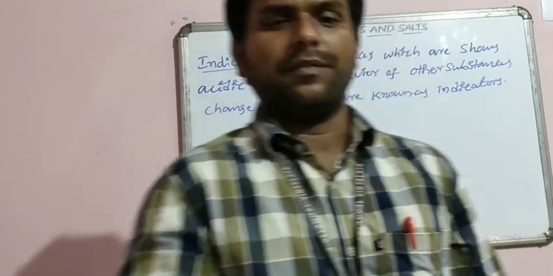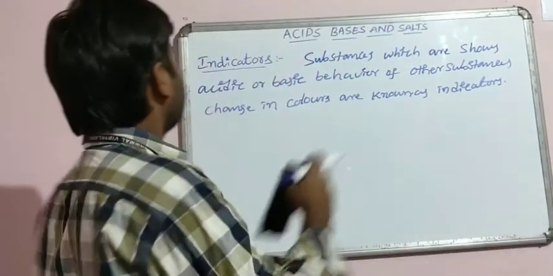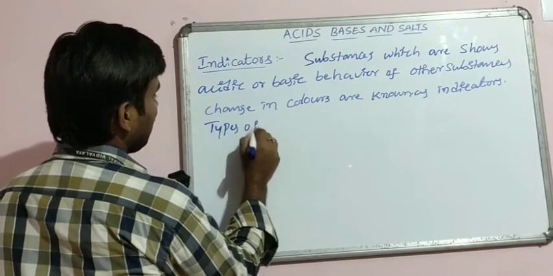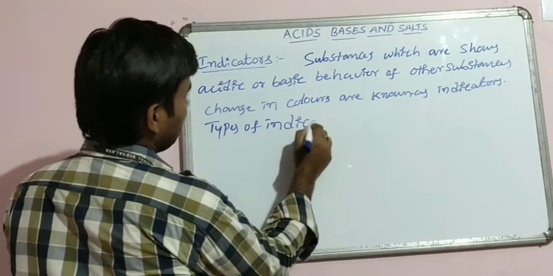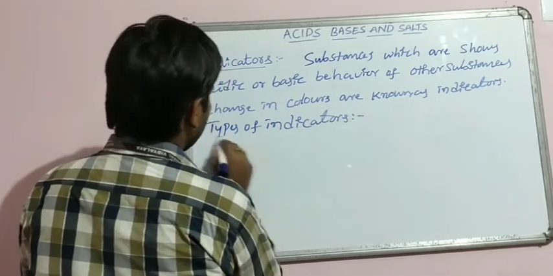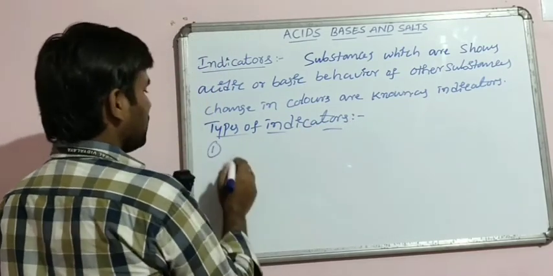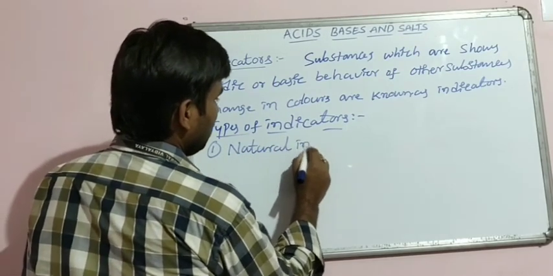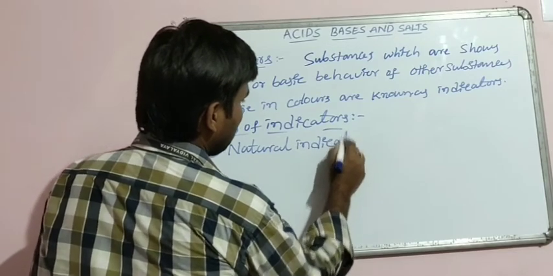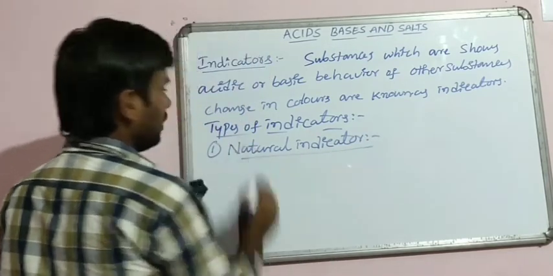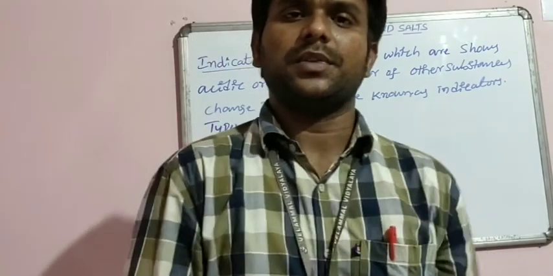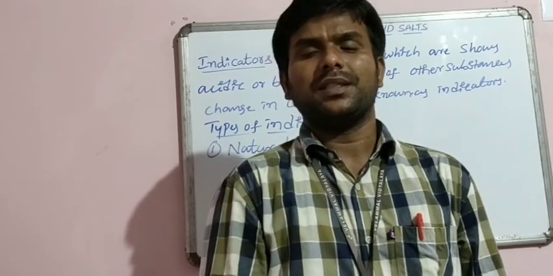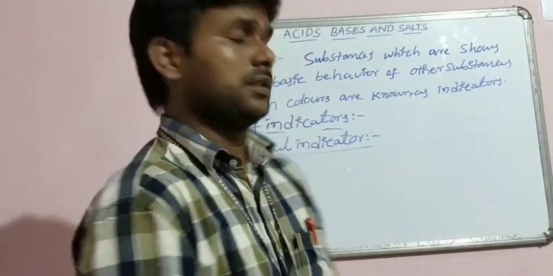One by one we will discuss. The first one is natural indicator. Natural indicators are nothing but the indicators which are obtained from natural resources, that we are calling natural indicators.